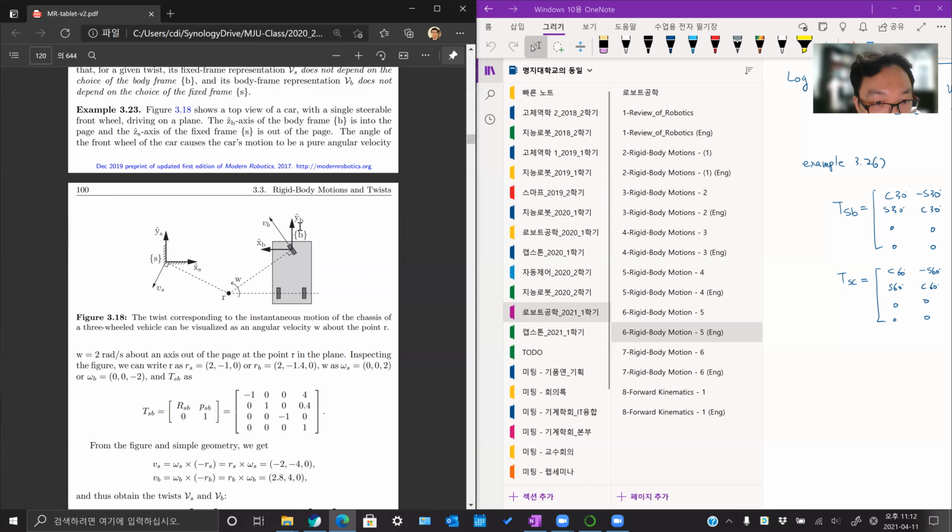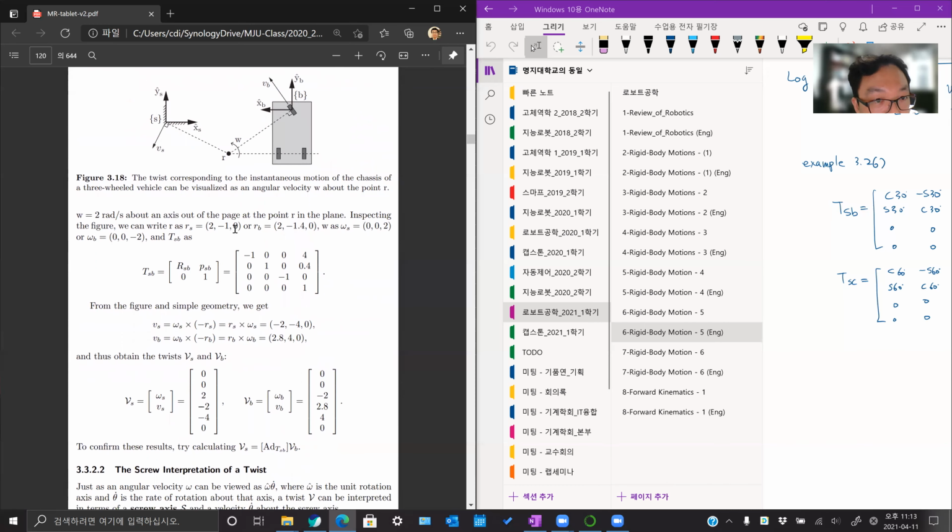And based on the B frame, along X_B it is 2, and in the minus y direction, -1.4. Omega_S is 0, 0, 2, and omega_B is 0, 0, -2, because the Z direction in S comes out of the page, and the Z direction in B goes into the page.